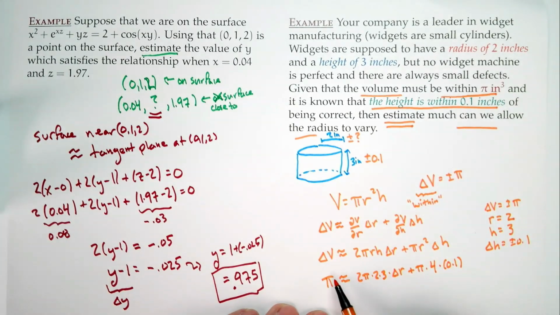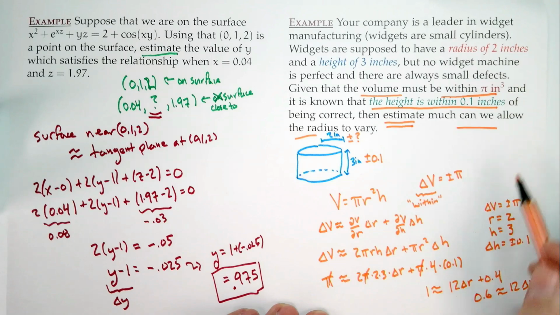Now, the good news is all the pi's cancel. And then we get 1 is approximately 2 times 2 times 3. Well, that's 12 times change in r, and then plus 0.4. Move this across. 0.6 is approximately 12 delta r.